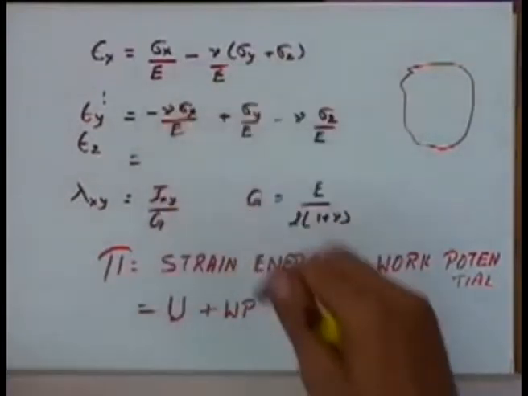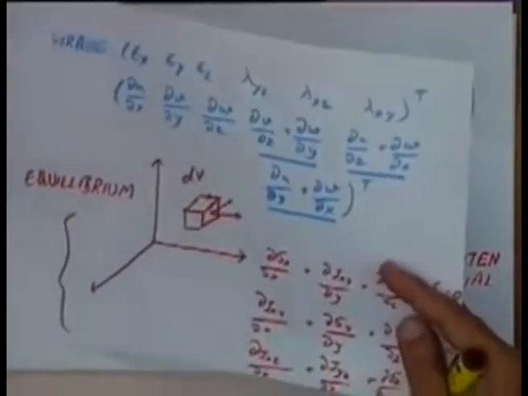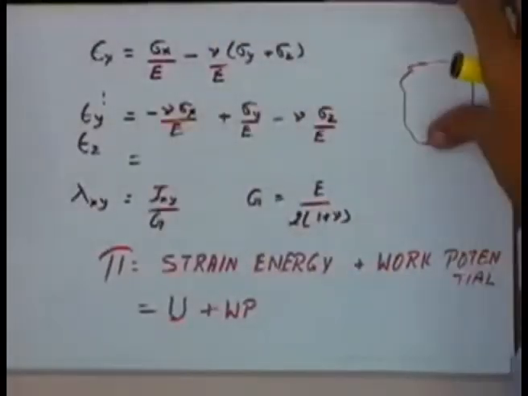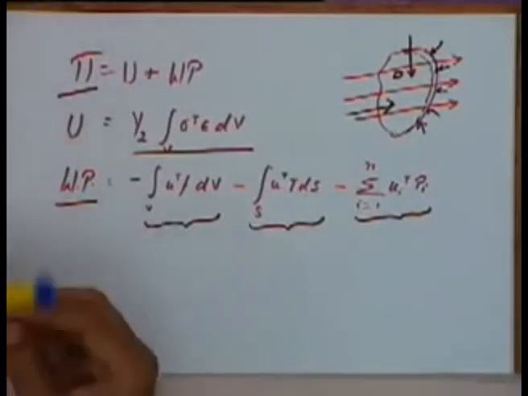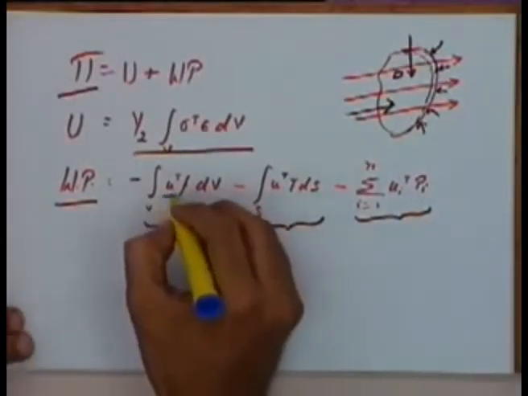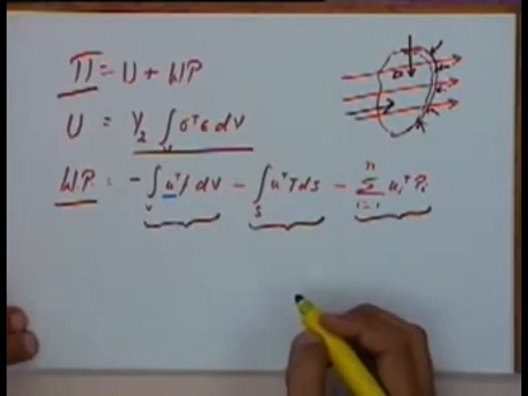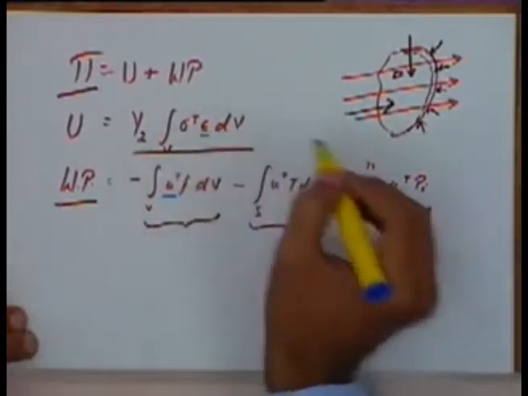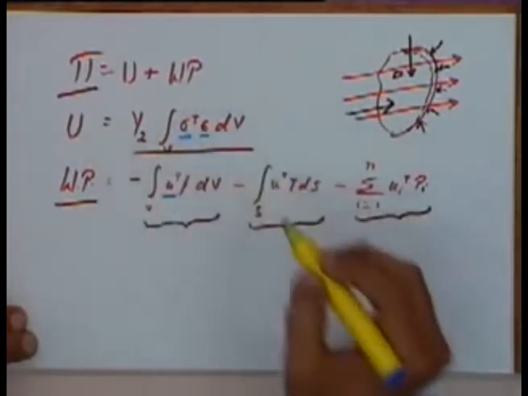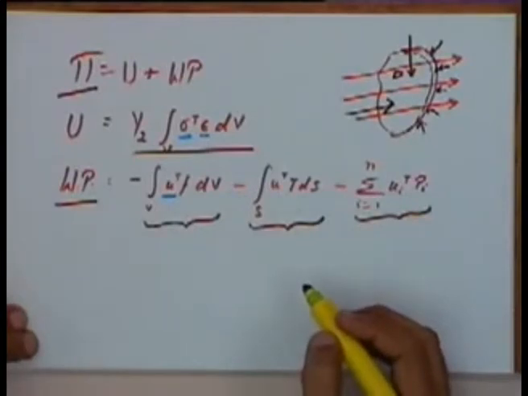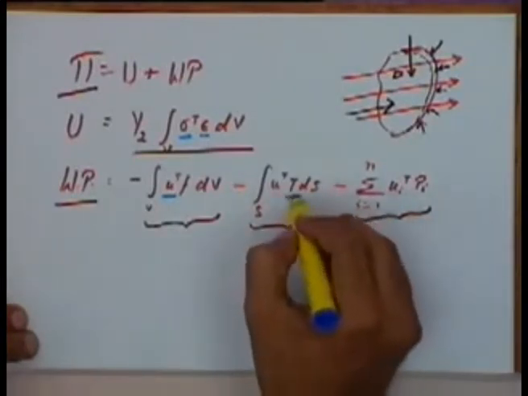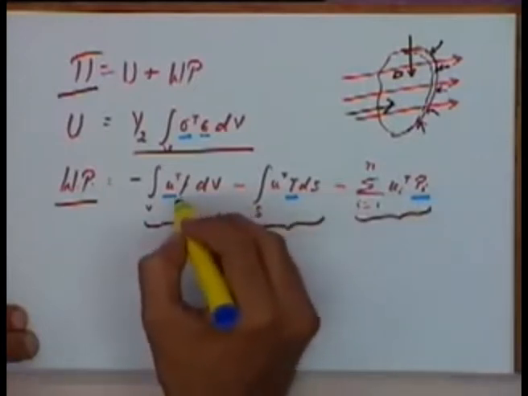Once I know the stresses, then I can get the potential energy from this equation. Because if I know U, which is the deformations, I can find epsilon. If I know epsilon, I can find sigma. And I know the loading T and the F's.